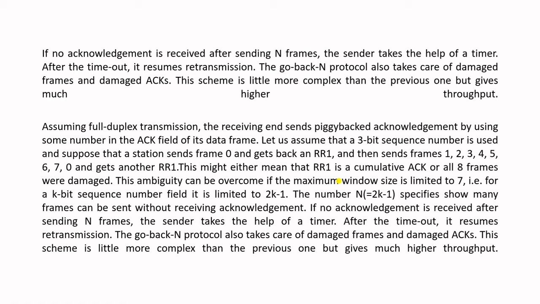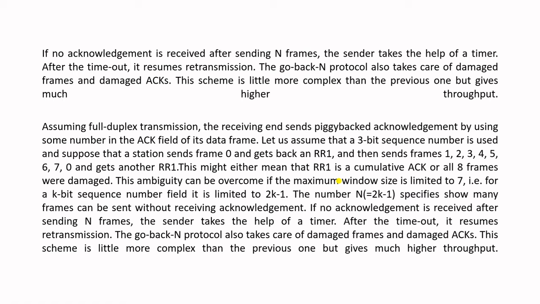Assuming full duplex transmission, the receiving end sends a piggybacked acknowledgement by using some number in the acknowledgement field of its data frame. Let us assume that a 3-bit sequence number is used and suppose that a station sends frame 0 and gets back an RR1, and then sends frames 1, 2, 3, 4, 5, 6, 7 and 0 and gets another RR1.